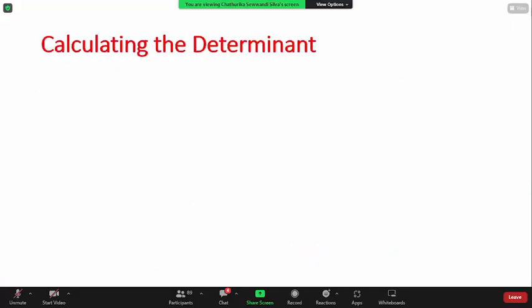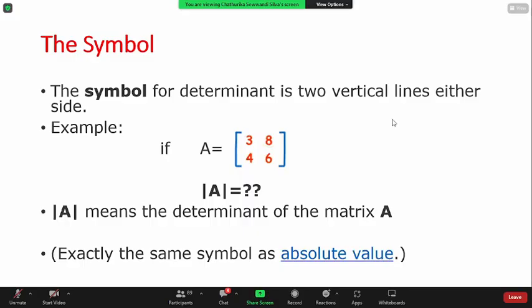And the other thing is, right before you learn about the determinant, if you are given any number like this, let's say it's 2, when you put it like this, it symbolizes the absolute value of 2 or modulus of 2, right?